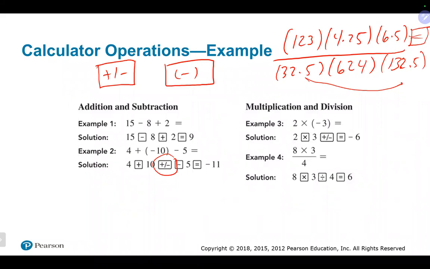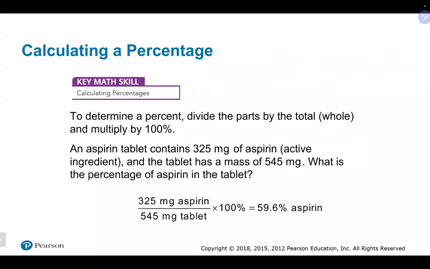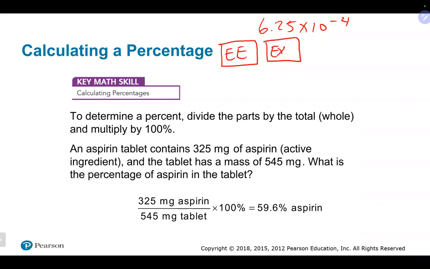The other thing that people struggle a lot with is actually the scientific notation. So say we had a number like 6.25 times 10 to the minus 4, and we wanted to put that into our calculator correctly. There is an exponent button on most everybody's calculator if it is a scientific calculator. The variety of exponent buttons, to my knowledge, is an EE button, or an EXP button, maybe.